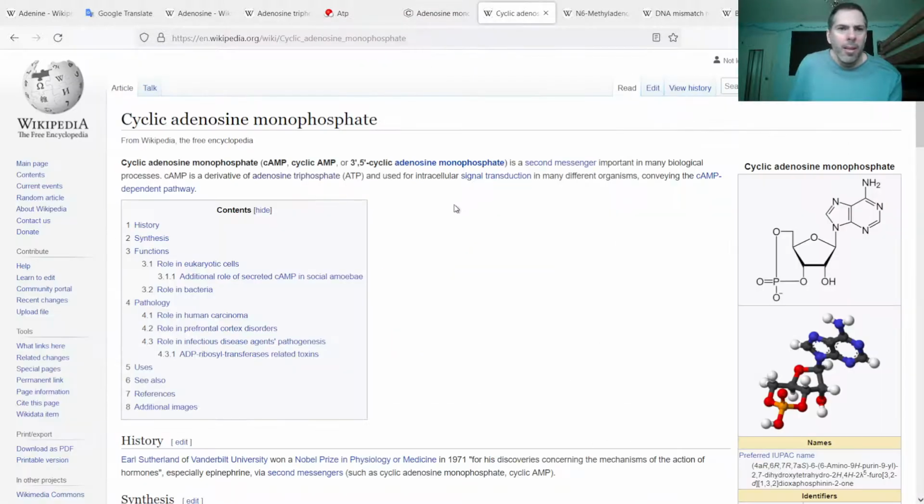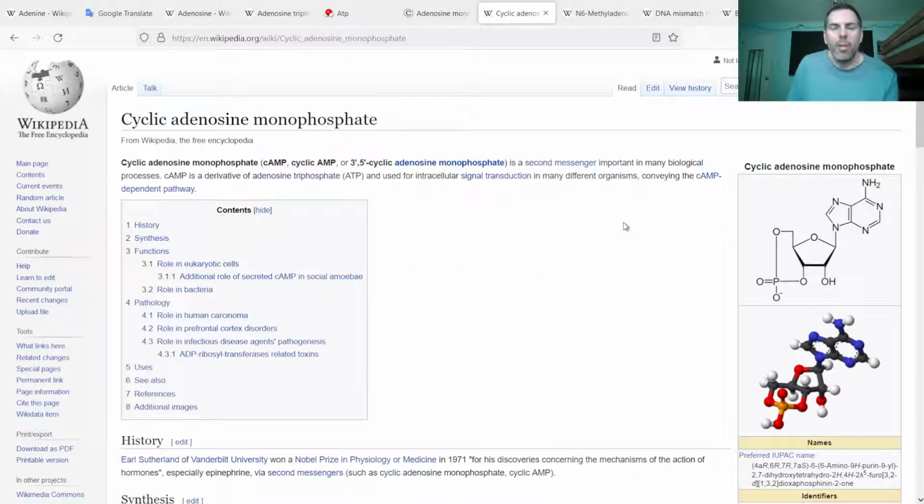And then there's also the cyclic adenosine monophosphate, which has the phosphate forming a bond with that 3' carbon's hydroxyl group to give it this cyclic component here, and that's a second messenger.